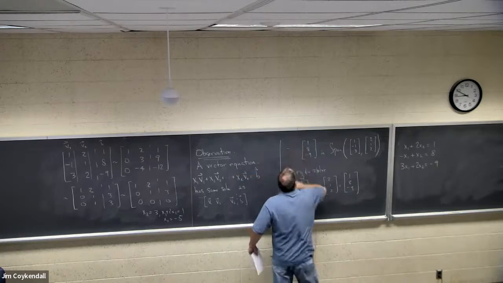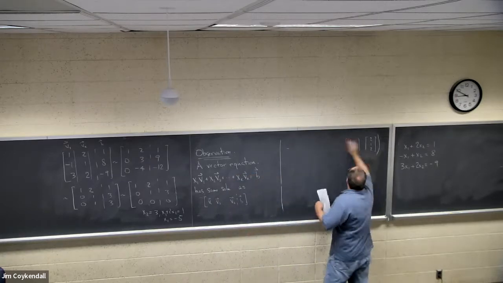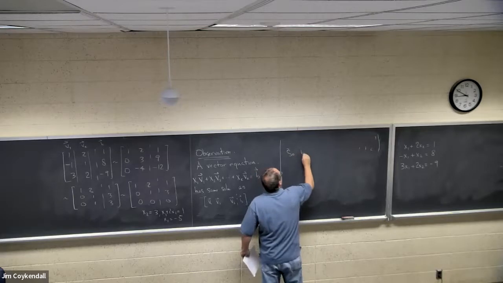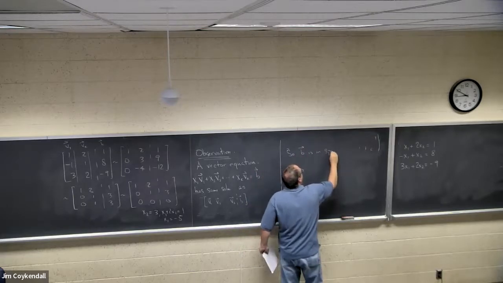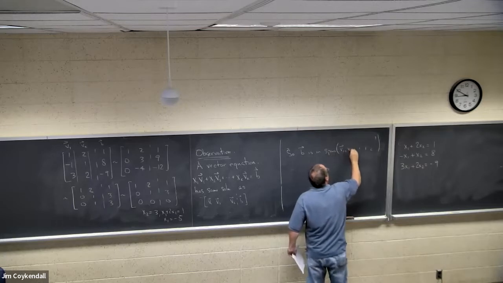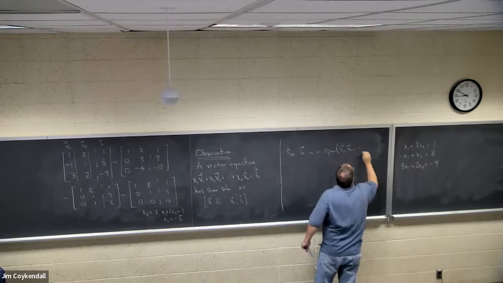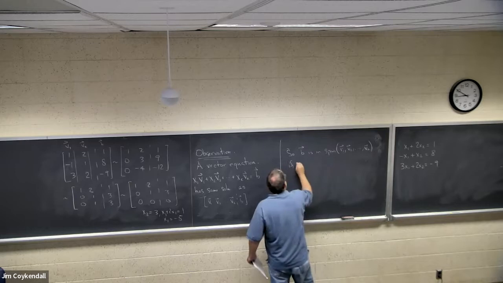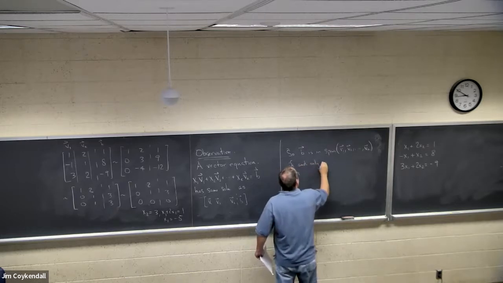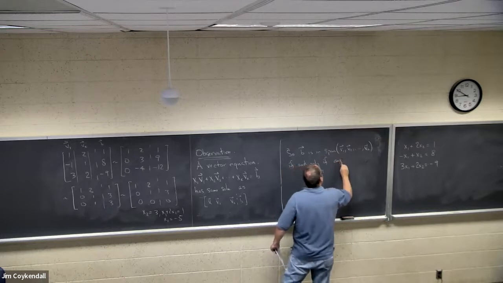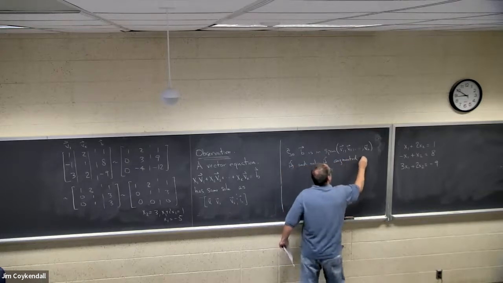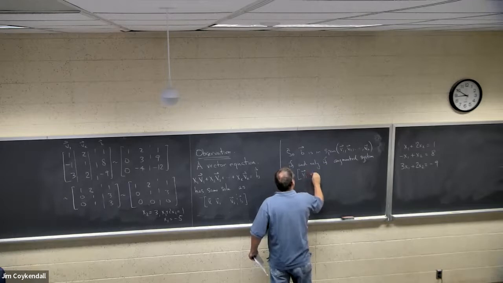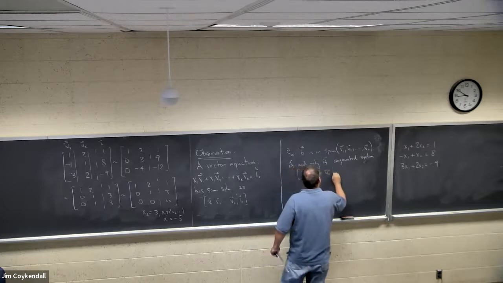And so b is in the span of b1, b2, ..., bk if and only if the augmented system [b1 b2 ... bk | b] has a solution.